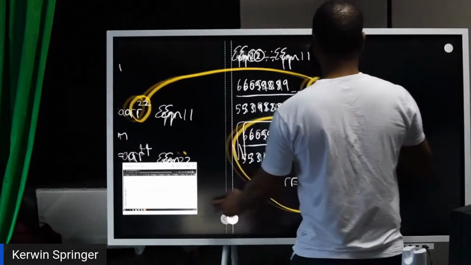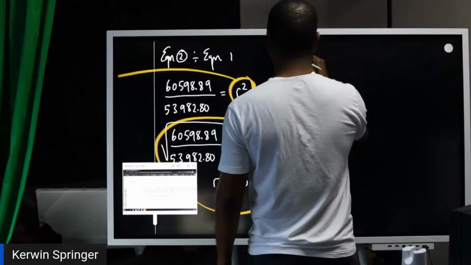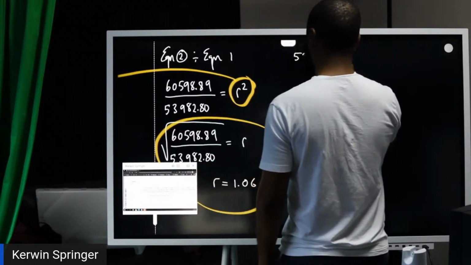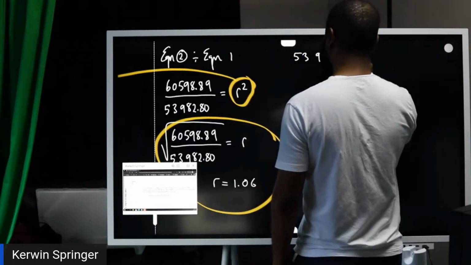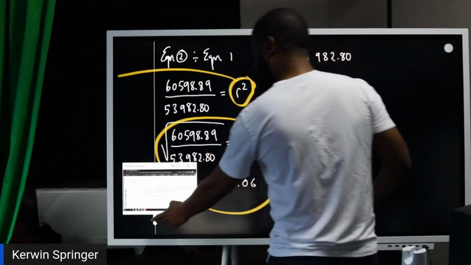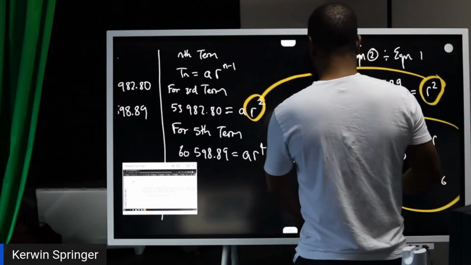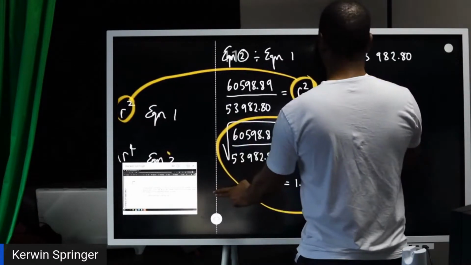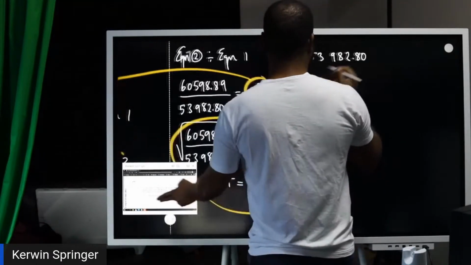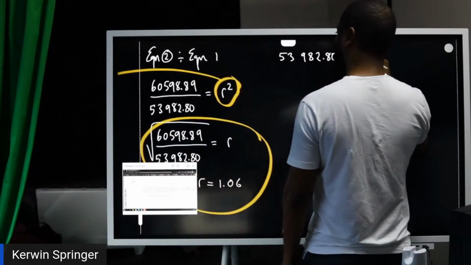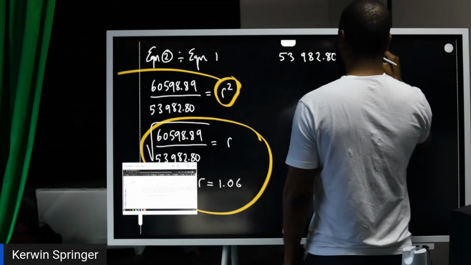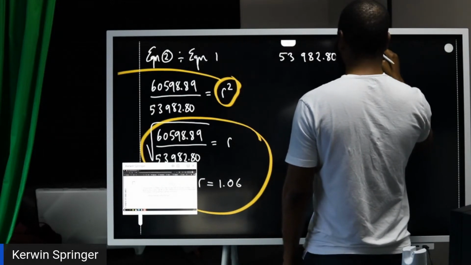So the equation was 53982.80 equals a times r squared. We found r squared here, which is 60598.89 all over 53982.80. I'm doing this so that I keep the most accurate answer.